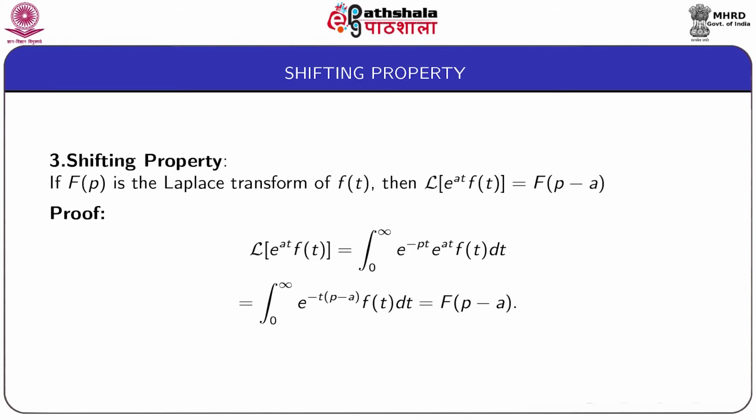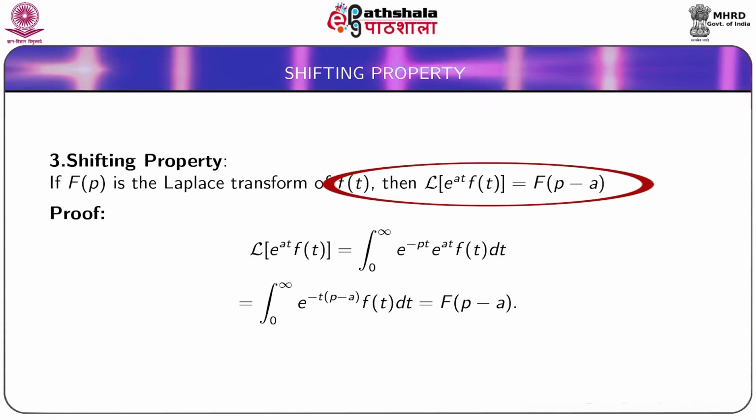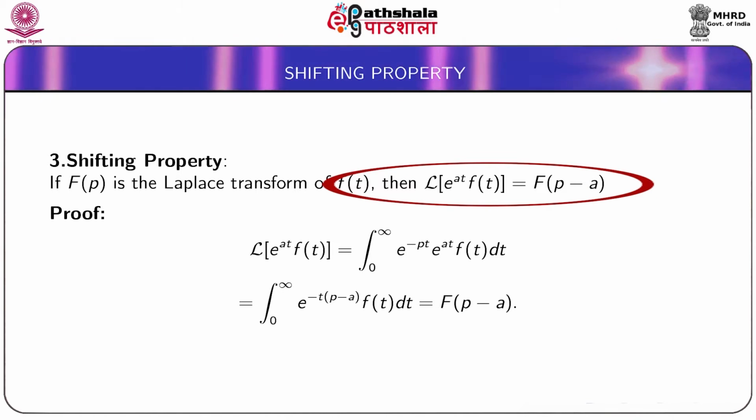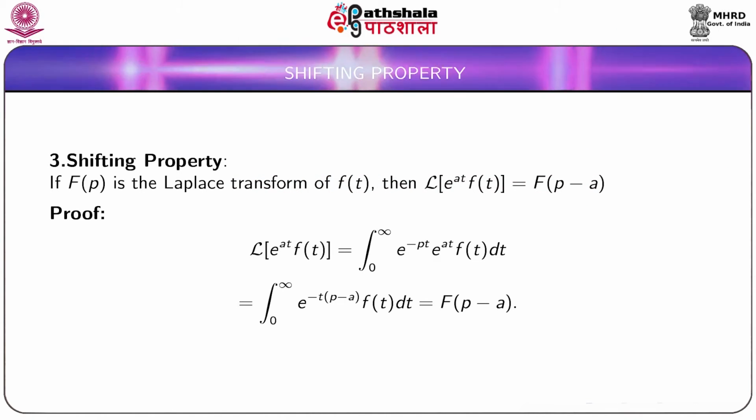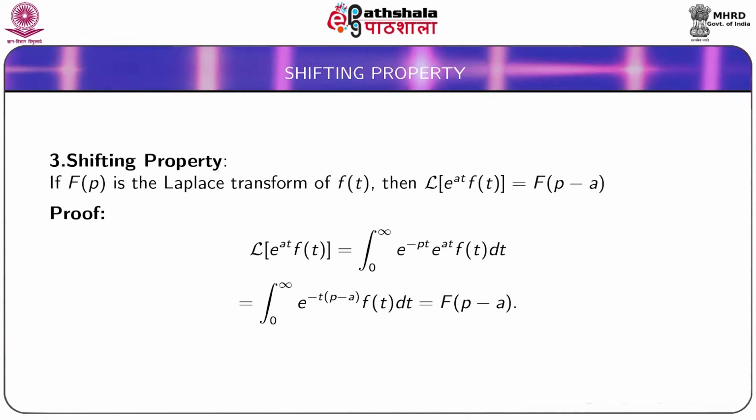Next comes the shifting property, which is that if capital F(p) is the Laplace transform of small f(t), then the Laplace transform of e to the power at f(t) is given by capital F of p minus a.